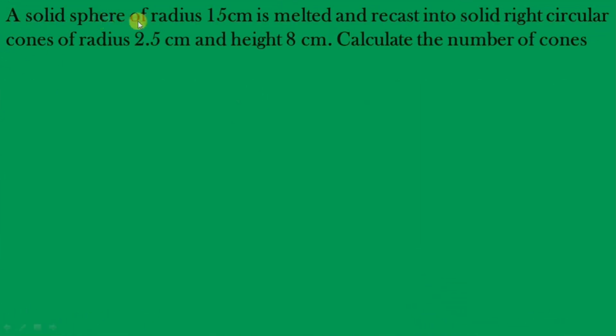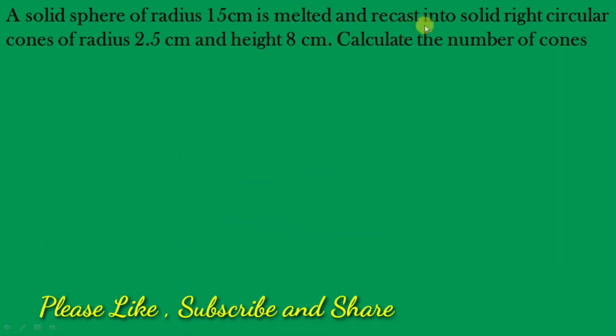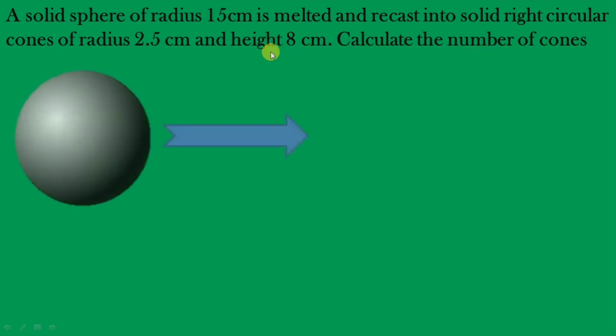A solid sphere of radius 15 cm is melted and recast into a solid right circular cone of radius 2.5 cm and height 8 cm. Calculate the number of cones. Let me explain this with the help of an example. I have a metallic sphere whose radius is 15 cm, melted and recast into a cone whose radius is 2.5 cm and height is 8 cm.